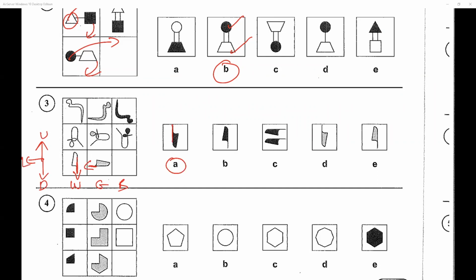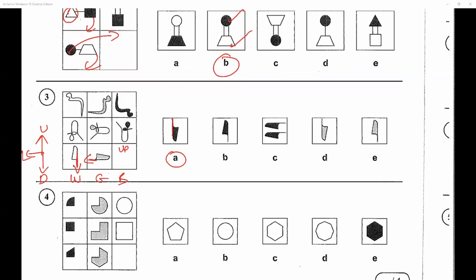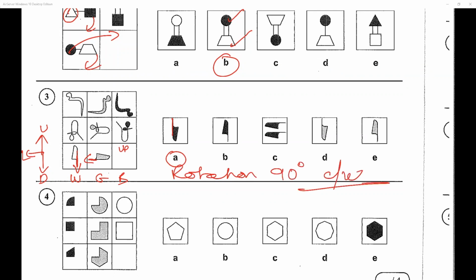And it's changed color to black. So you got 2 rules. Is it rotation? It's rotation 90 degrees clockwise. And we're changing color each time.